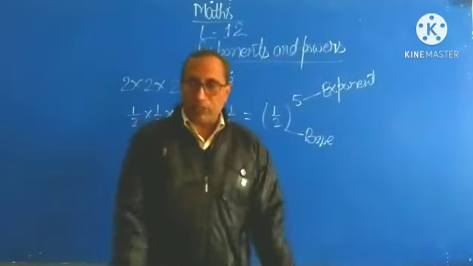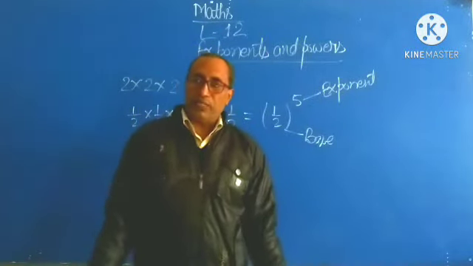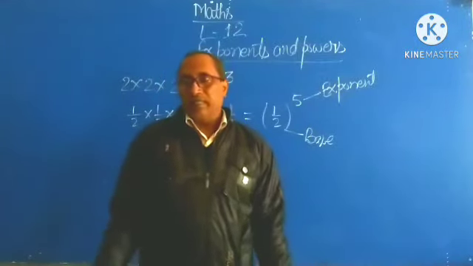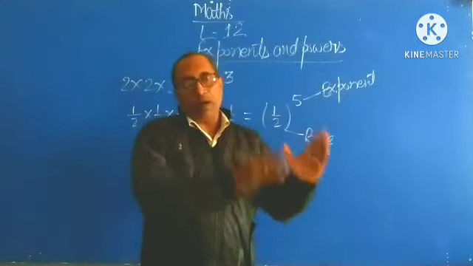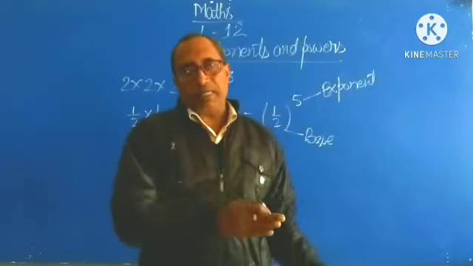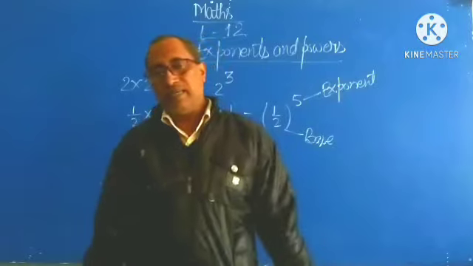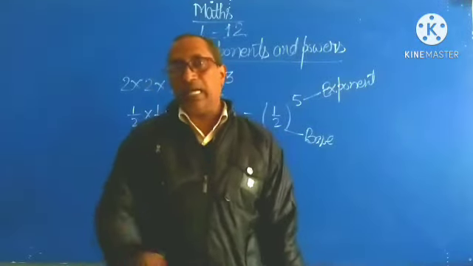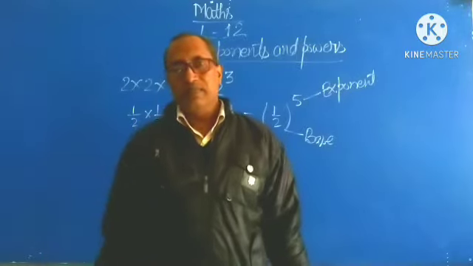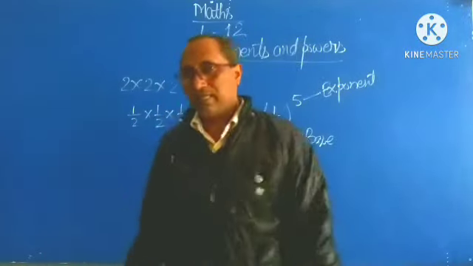And in scientific notation, when you write any number in the form of a product of a number between 1 and 10 and an integral power of 10, that is called scientific notation.